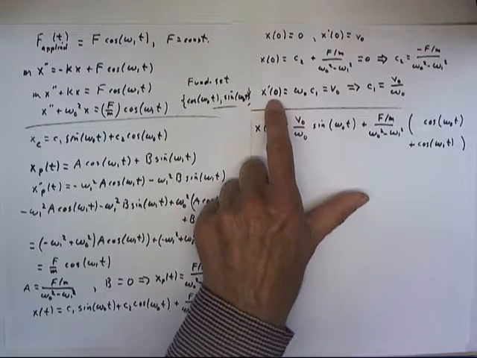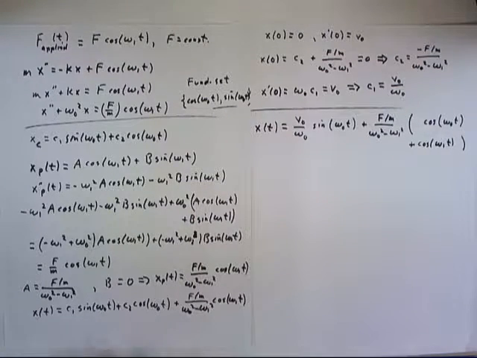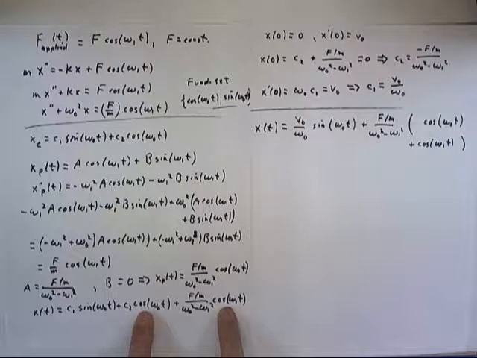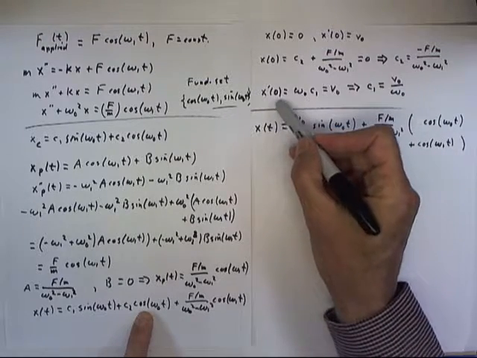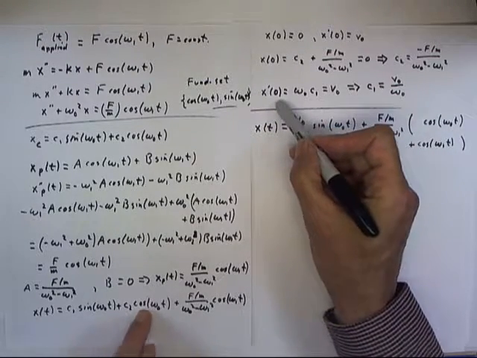Now, x prime of 0. Well, our sine is going to become omega naught times a cosine. Our cosines are going to become omega naughts times negative sines, and omega 1 times a negative sine. But both of these are going to have sine functions as their derivatives, and the sine of 0 being 0, they don't affect the initial condition at t equals 0.